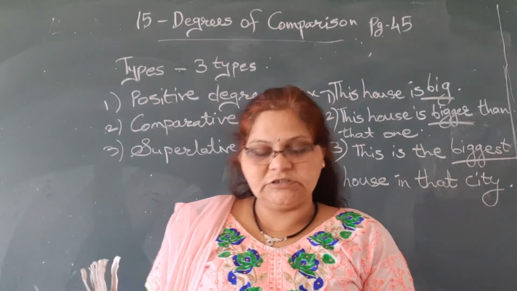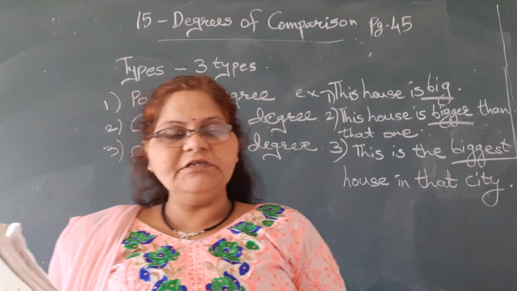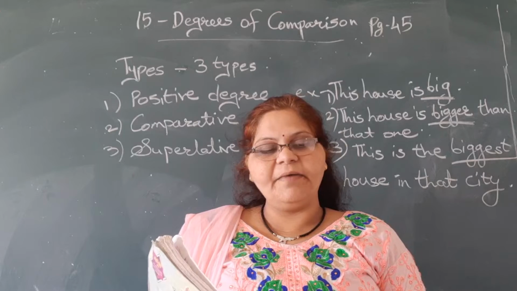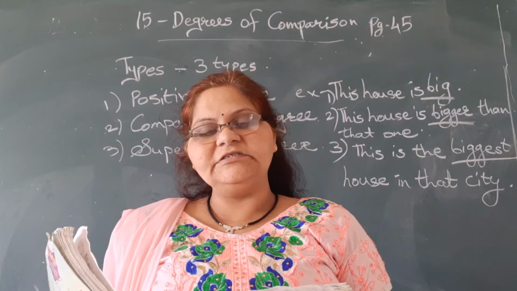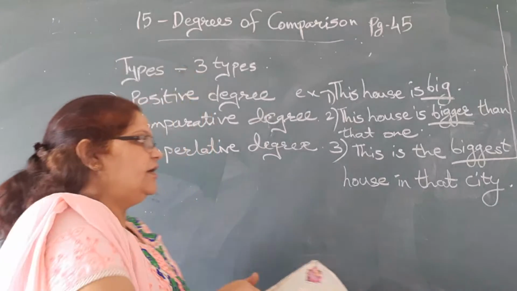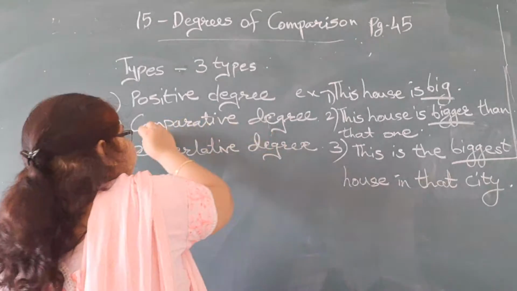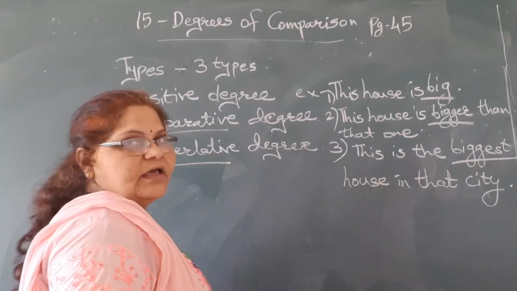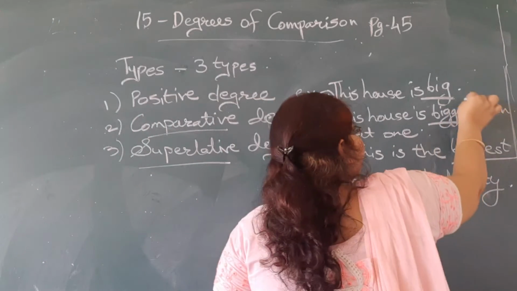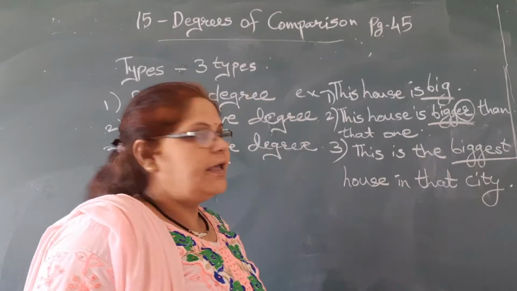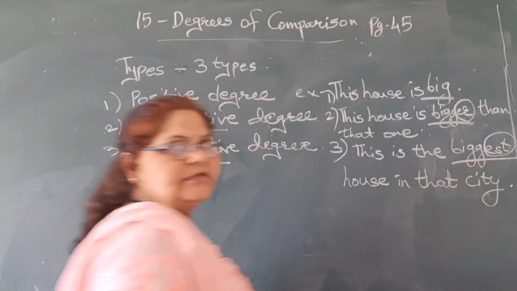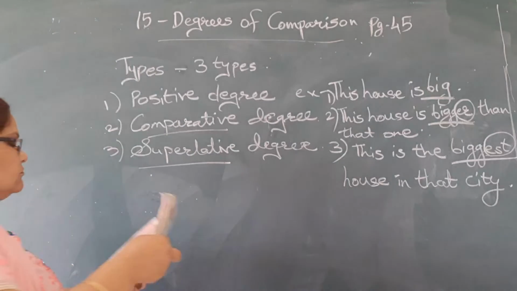Page number 46. You have to see page number 46. The comparative and superlative degrees of comparison are formed by adding ER and EST respectively to the words. When we are writing the comparative degree we use ER at the end, and at the end of the superlative degree we use EST.